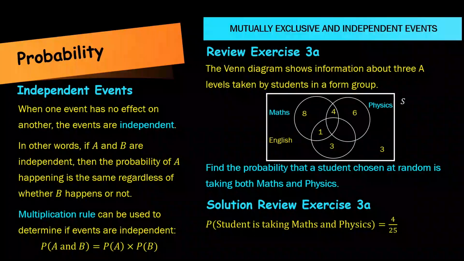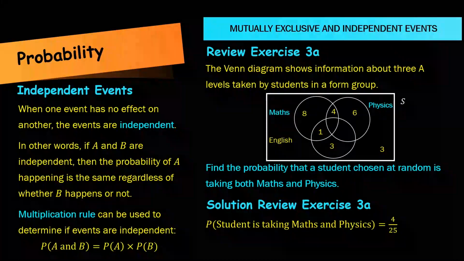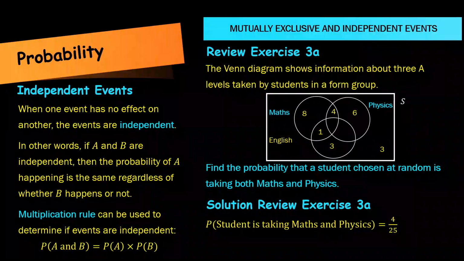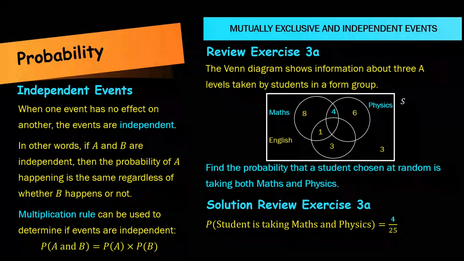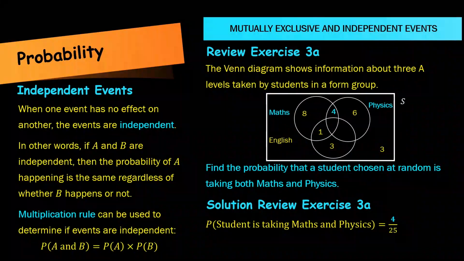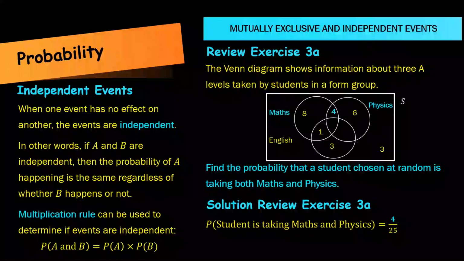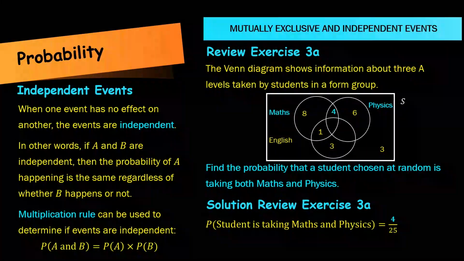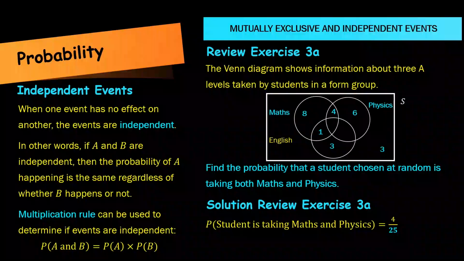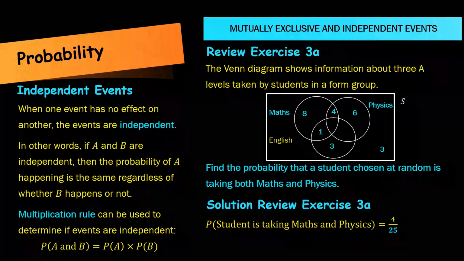Now the probability that the student is taking maths and physics is 4, which is in the region of maths and physics together, as shown in the Venn diagram, divided by 25. This is the total number of students altogether. These numbers have all been highlighted in the Venn diagram.